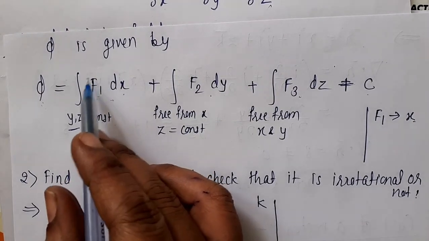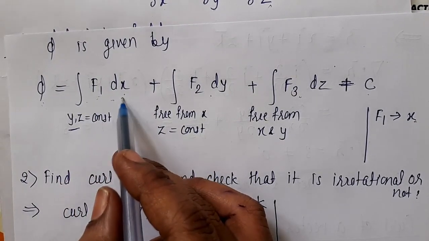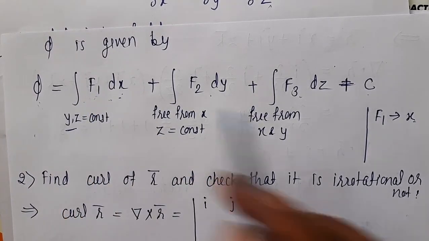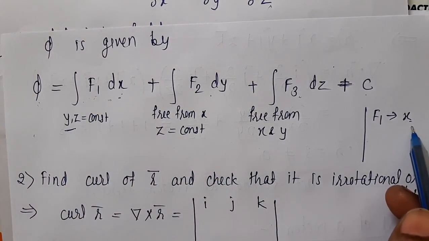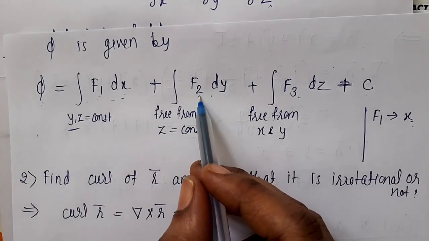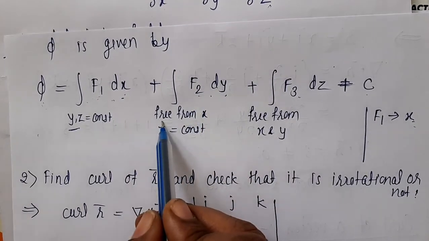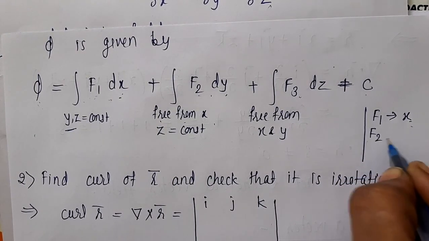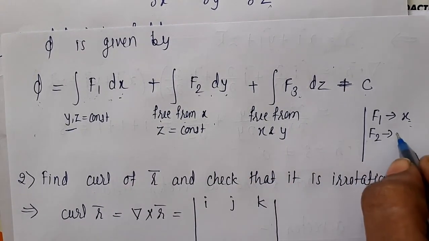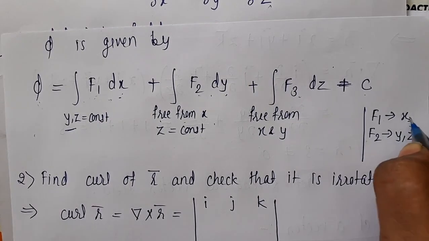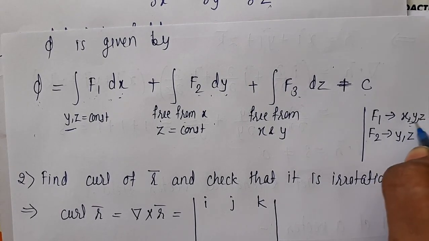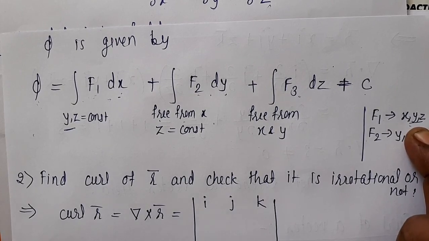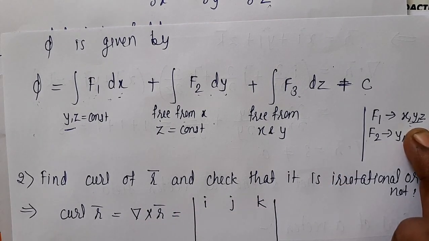Or we can say that if f1 is a function of x, y, z, then we keep y and z as they are and integrate only the x coefficient. Next, f2 dy, but here the condition is that it is free from x, meaning f2 does not contain x. It is a function of y and z, where z is constant and we integrate only with respect to y.